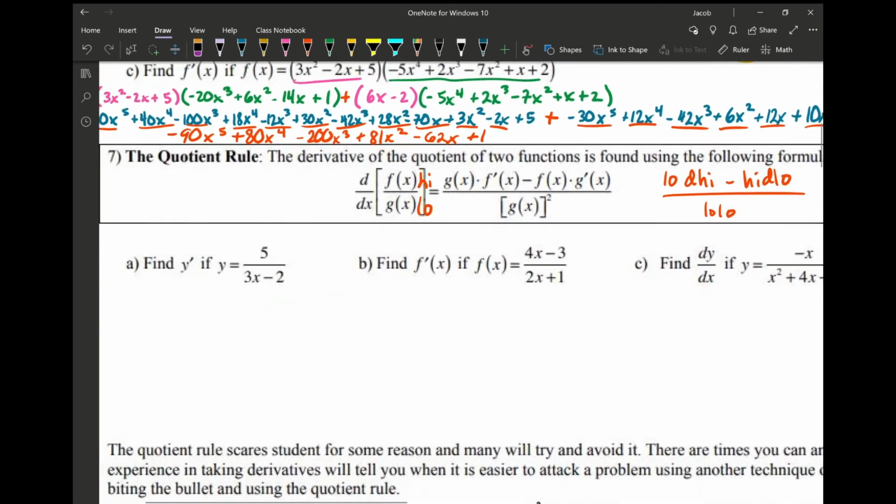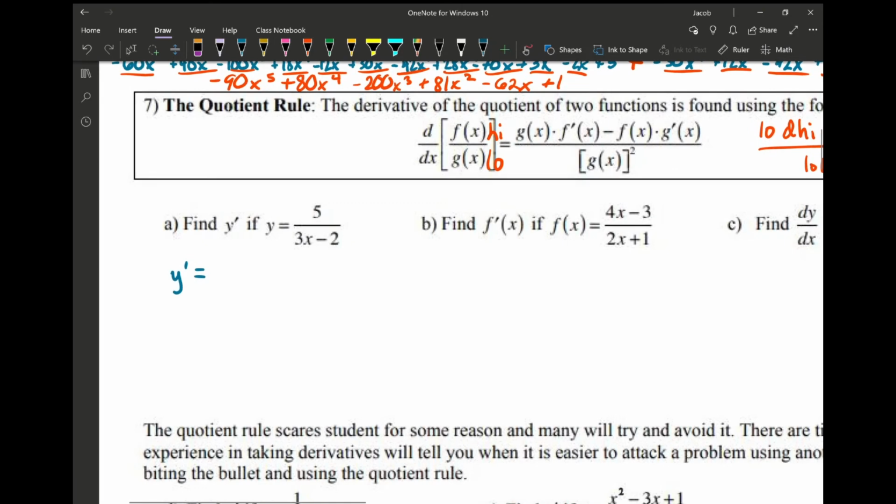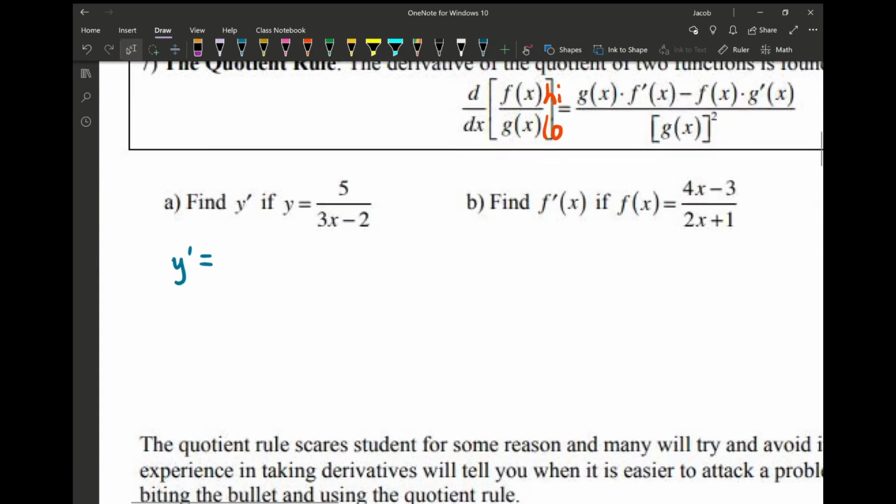Alright, so we're going to use the quotient rule to determine these derivatives. For our derivative, there's nothing we can do to rewrite this one. It would be great if we could, but there's just not. The only way we can take the derivative of this is by the quotient rule.